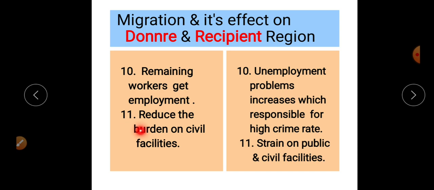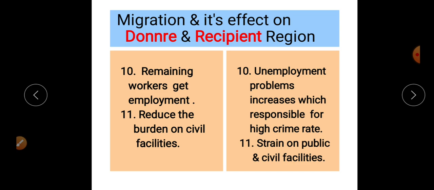Then the last effect of migration in a donor region is reduced burden on civil facilities. The pressure on government and civil facilities in that area is automatically reduced because of low population or low density of population due to out migration.